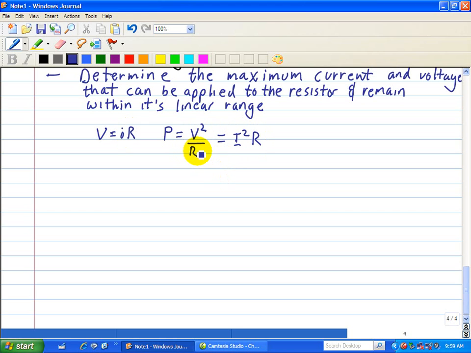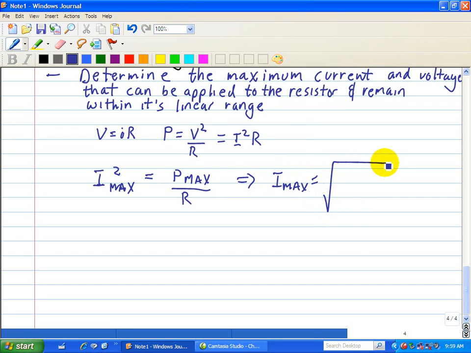Alright, so now we can solve for I. We'll call this I max. I max squared is equal to P max divided by R. And then that's a square term right here, which implies I max is equal to the square root of P max divided by R.